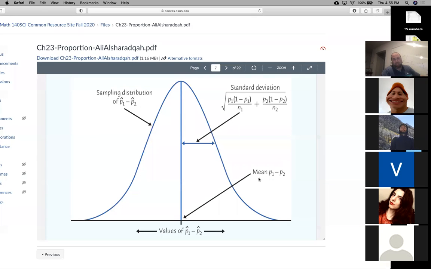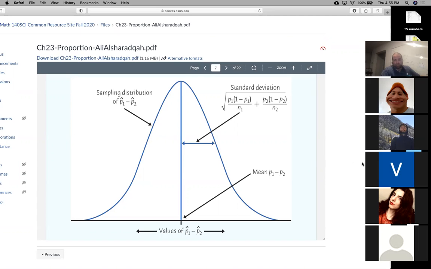The center is P1 minus P2, even though we don't know that, but we can still use the null hypothesis. And then we have our sampling distributions, which means if I take lots and lots of samples, they're going to be all over the place, but most of them will have their values congregate somewhere near the true value, and not a lot are going to be on the wings.